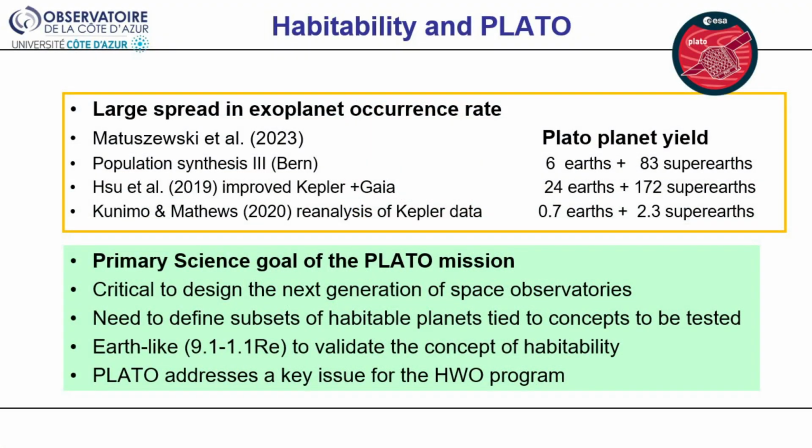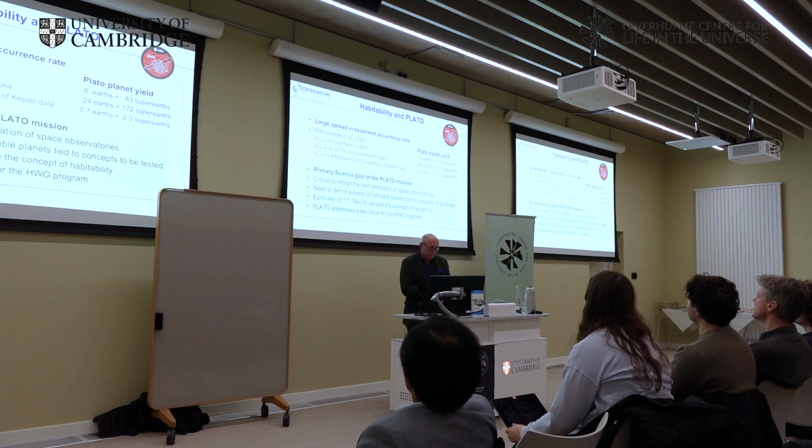Maybe there are 24 if you get more generous, and we are here at about 15, so we are in between. So the Plato mission is at least going to characterize and restrict that number. Then we said, okay, if we have 25, maybe that's enough, or maybe at least we know it's one way to try to quantify habitability.